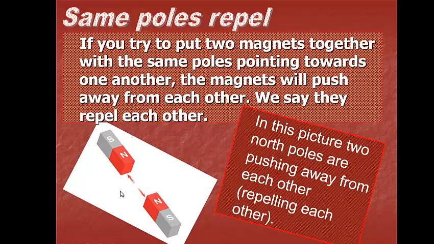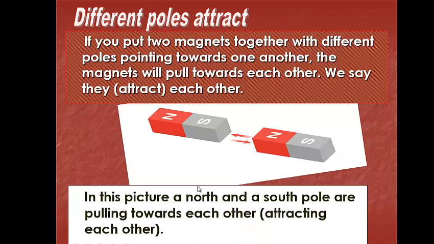They push away from each other. We say they repel each other, they refuse each other, they don't want to see each other. In this picture, two north poles are pushing away from each other, repelling each other.